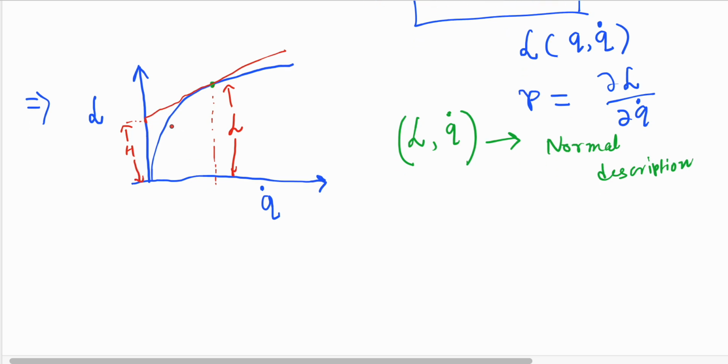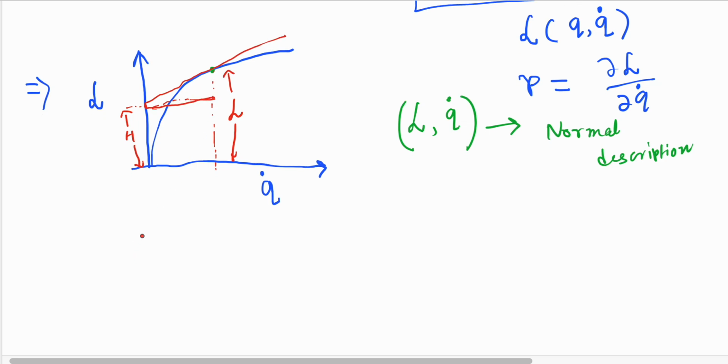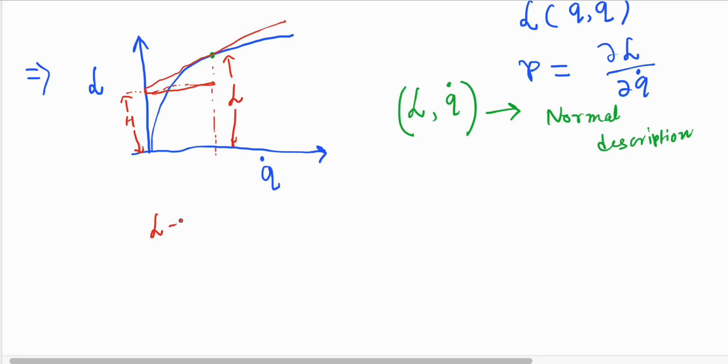So here, from Euclidean geometry we know that L minus H will be the distance between these two.